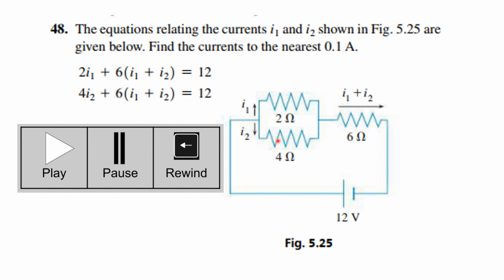I2 is what is going through the bottom piece here, and I1 is what's going through the top piece here. And so we end up with these two equations and two unknowns. The variables are I1 and I2. So I'm going to ask you to hit pause, try to work the problem, and come back and we'll compare notes. Press pause now.